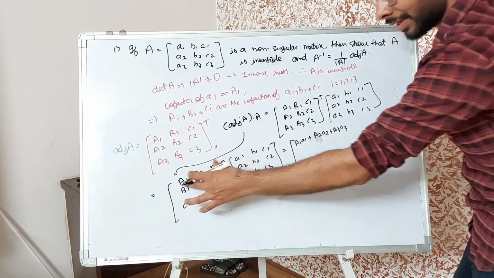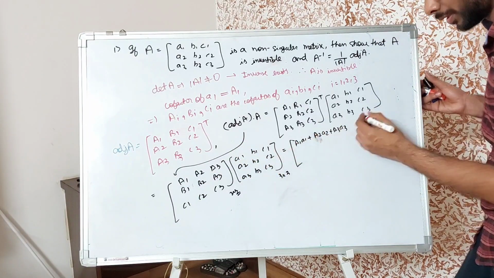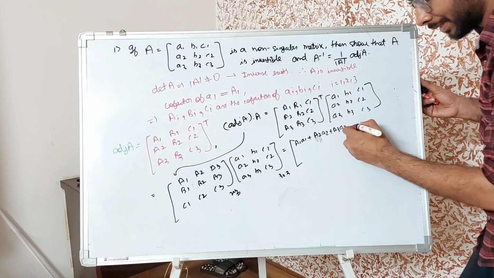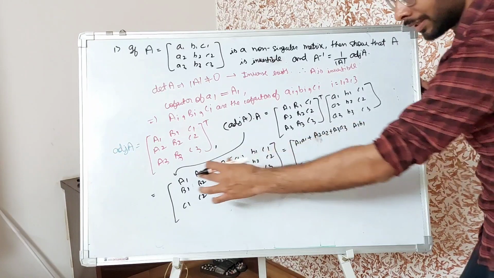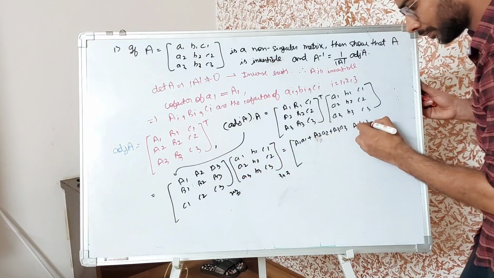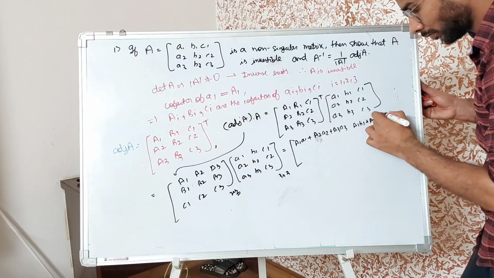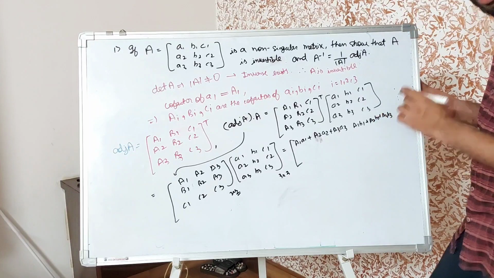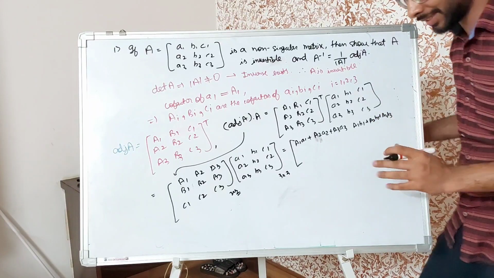Correct? Similarly, we'll have A1, A2 plus B1, B2 and so on. The second element is first row, second column: A1, B1, A2, B2, A3, B3, and similarly, because of the space, we can adjust it that way.